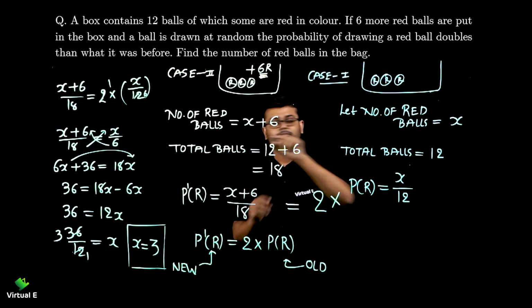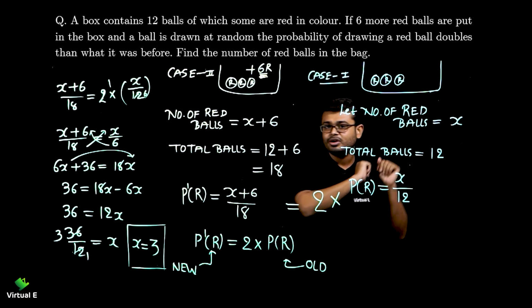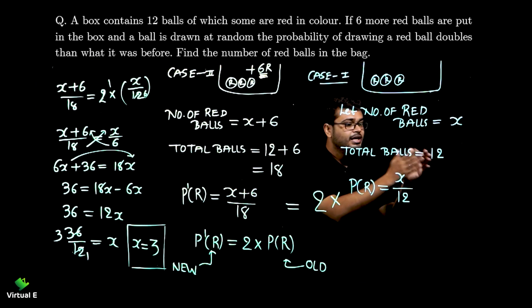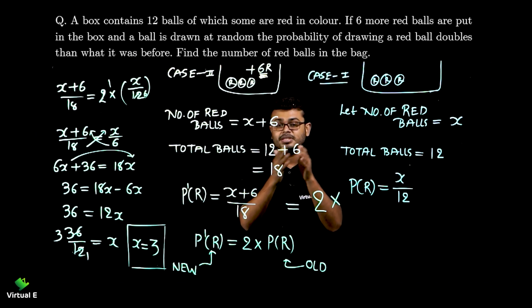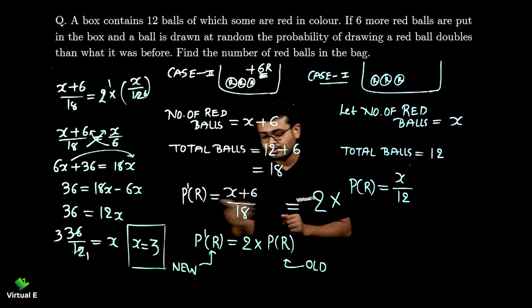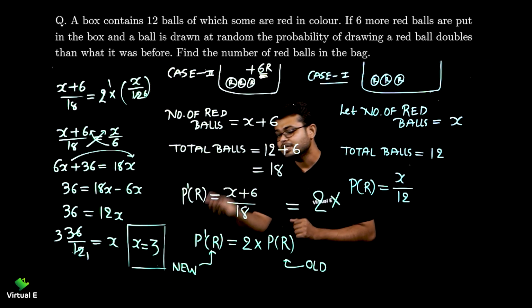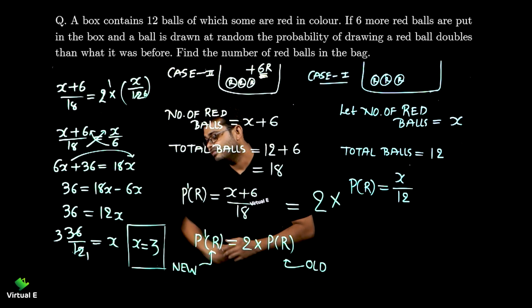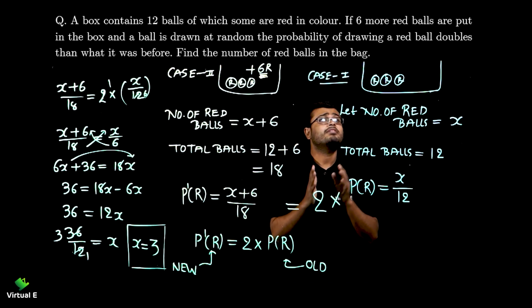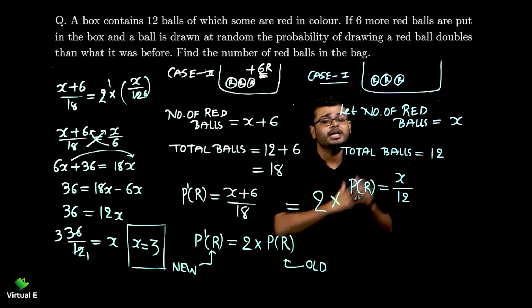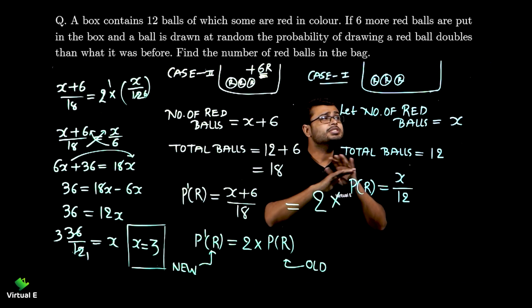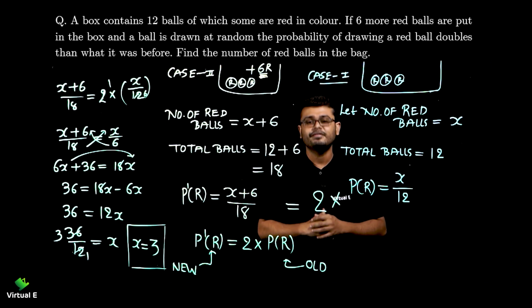So initially we had x red balls, now x plus 6. What about the outcome? Initially the total number of balls we had was 12, now we have 12 plus 6, that is 18. Now the condition given over here is that the new probability is double the old one. So we use the relation and find the value of x. This is how we find the specific information from the probability which is given in the question. So all these questions were related to reverse probability.